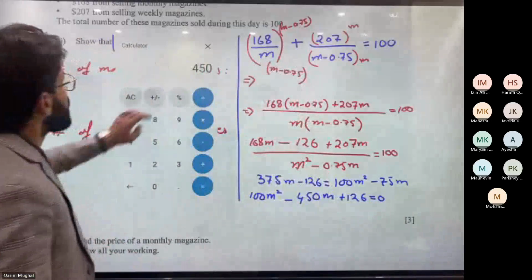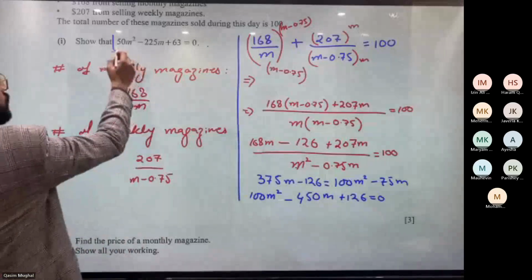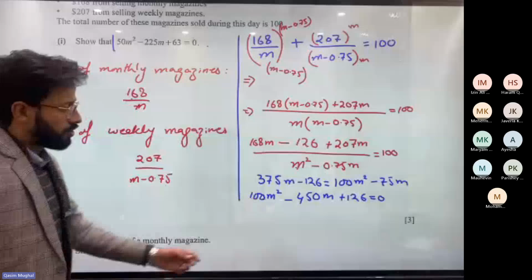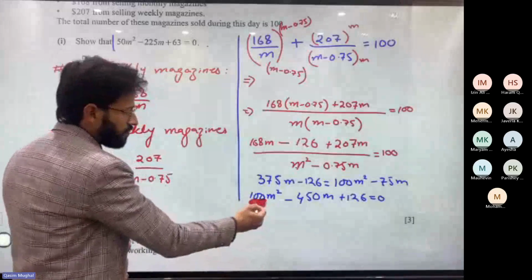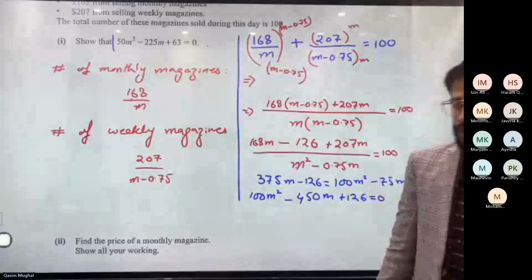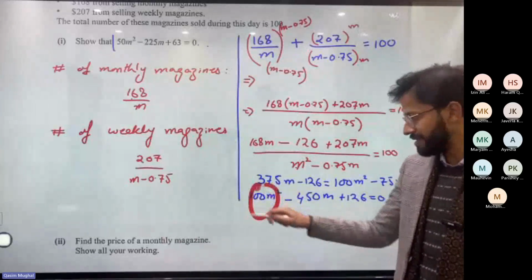Now the equation which is required by the examiner has 50 as a coefficient of m square, whereas I have 100. So in order to make this 100 as 50, what should I multiply or divide? Divide by 2. So I cannot just multiply or divide this term only.